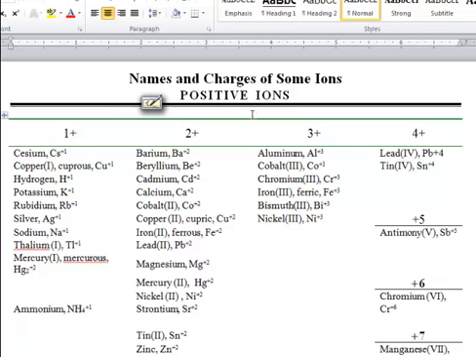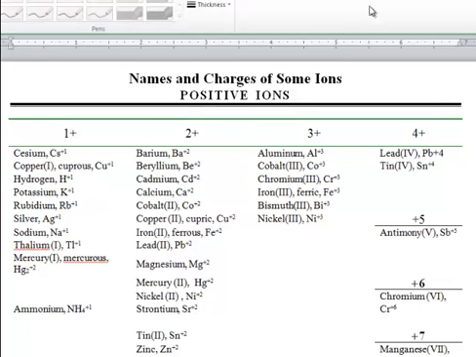The first part is positive ions, and you have the familiar ones: cesium plus 1, copper 1, and cuprous Cu plus 1, hydrogen plus 1, potassium plus 1, rubidium plus 1, silver plus 1, sodium plus 1. And now you start seeing some, like this one, ammonium, NH4 plus.